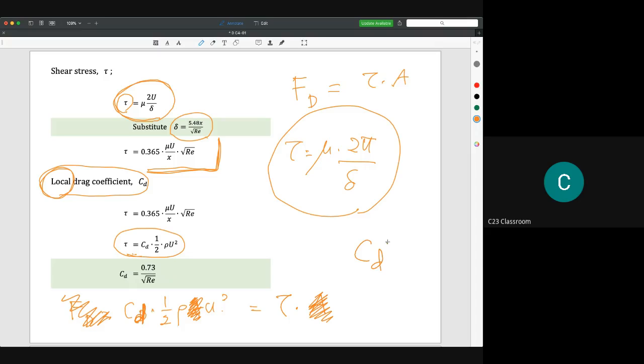In certain textbooks, they will use C f. They will say that this is the friction coefficient, or the skin friction coefficient, and so forth. I hope you could understand what actually happened in your calculation, so you know where this equation comes from. And then if we substitute the value of shear stress that we have, we could calculate the local drag coefficient, CD here is 0.73 over square root of the Reynolds number.